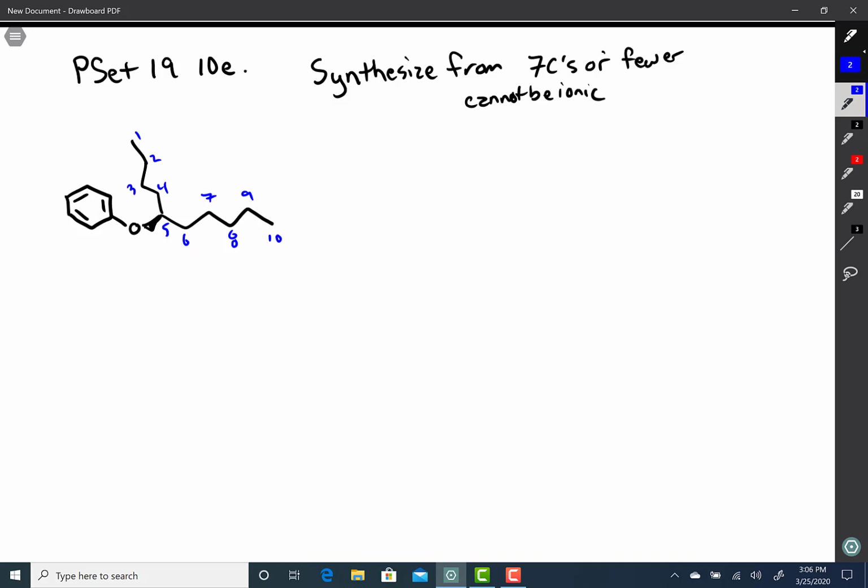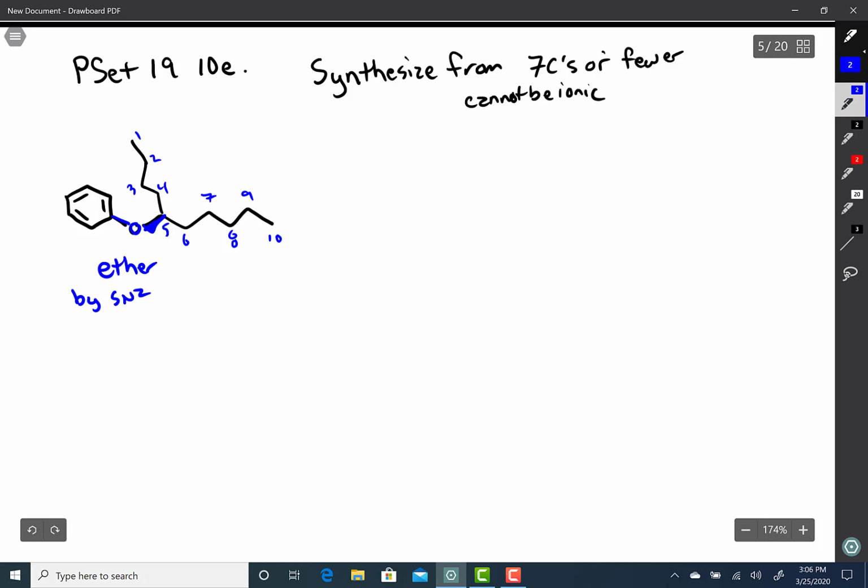Now, this molecule here is an ether. That's that connection right there. And the way we make ethers is by an SN2 reaction.